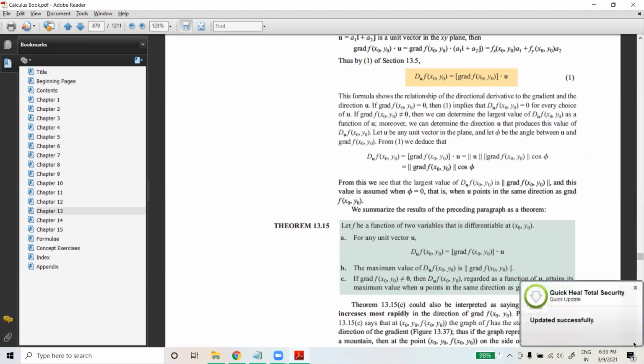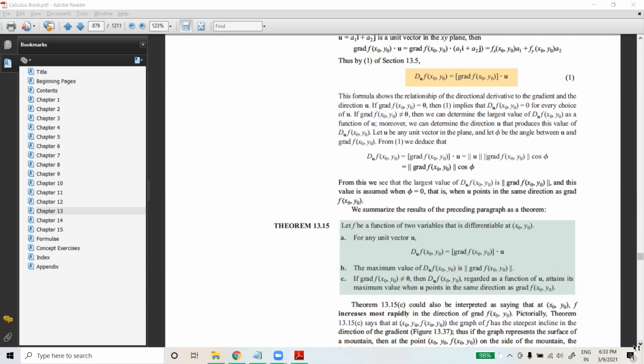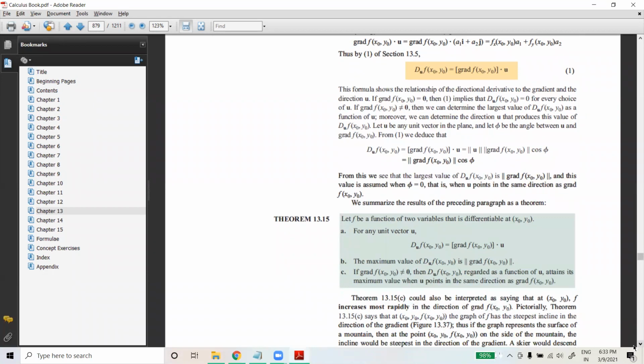The lowest you can get is the negative of the magnitude of the gradient. The direction opposite to the gradient will give you the smallest directional derivative, like minus root 13.